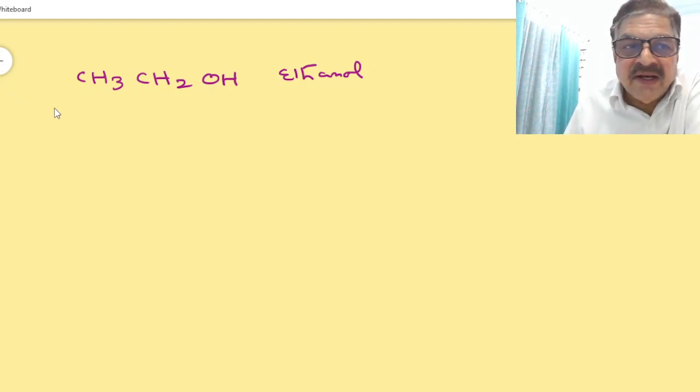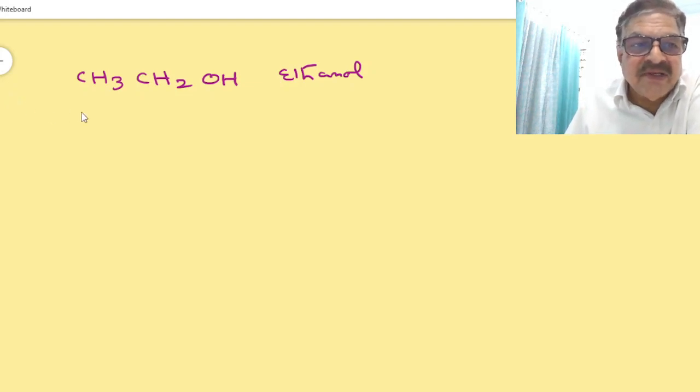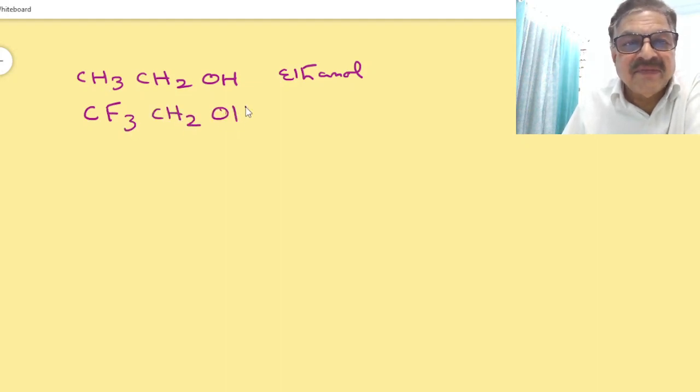Then we have a compound of this nature, CF3CH2OH. This is 2,2,2-trifluoroethanol.